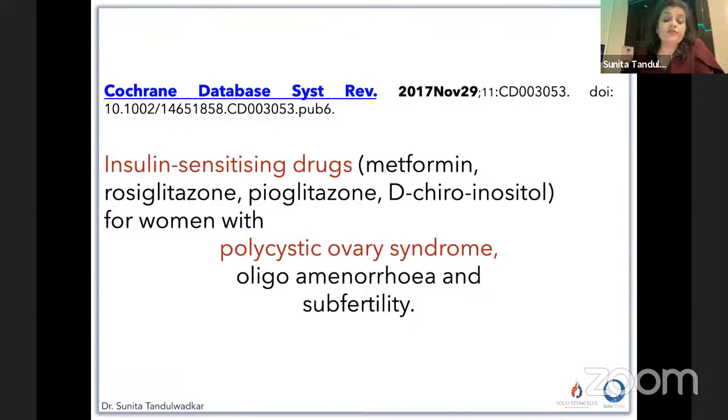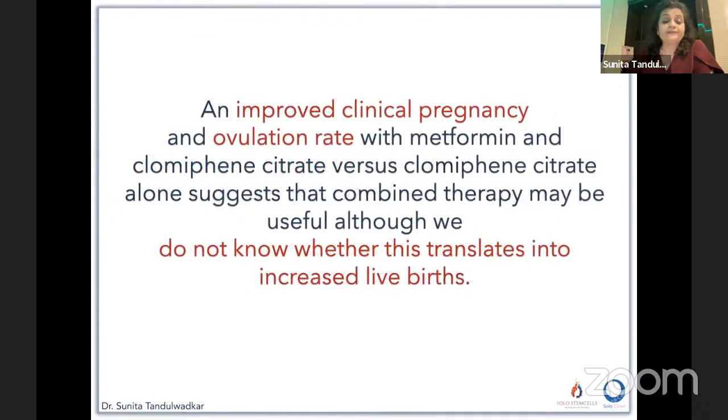And the combination with the 1 in 40 doses is giving better results. Maybe 5 years down the line, as we are talking now about metformin being given in a PCOS patient, we will be talking about D-chiroinositol playing a very important role.